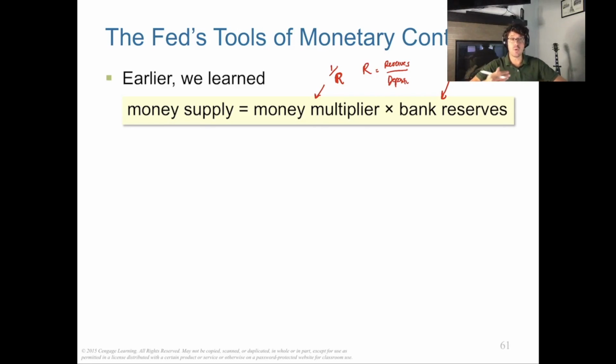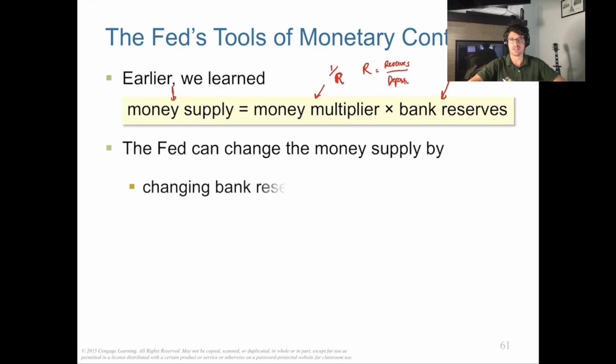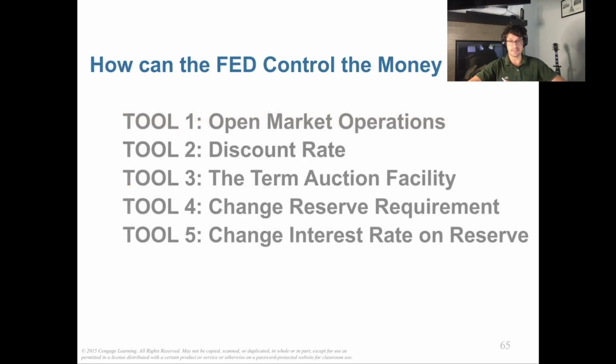So the Fed can change the money supply by changing bank reserves or by changing the money multiplier. Let's see how the Federal Reserve controls the money supply in practice.